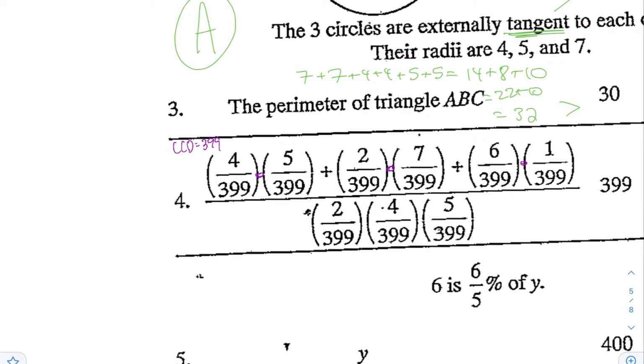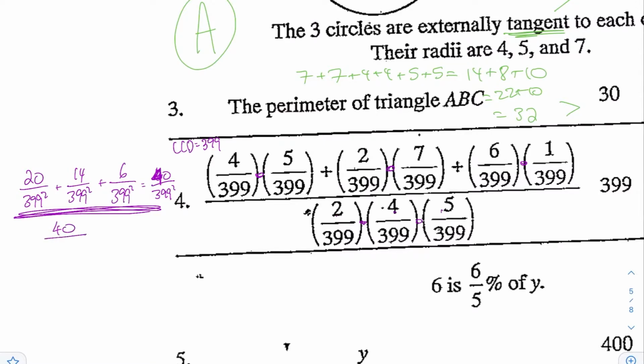So here you have 20 over 399 squared plus 14 over 399 squared plus 6 over 399 squared. And that's a numerator. And if you add the numerators, you get 40 over 399 squared. The denominator, you also multiply 2 times 4 times 5, which is equal to 40, but it's over 399 cubed.